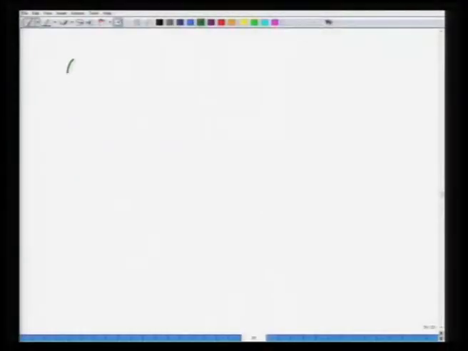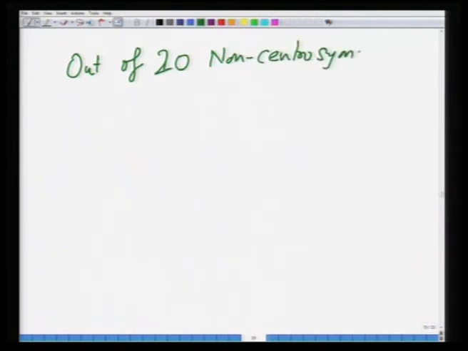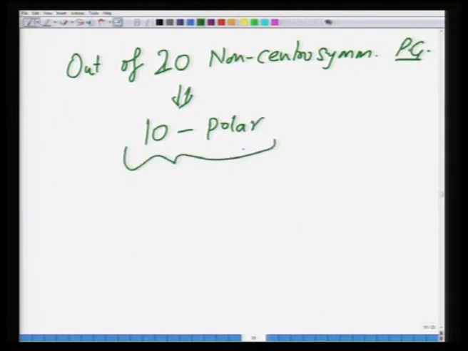Now, out of these 20 non-centrosymmetric point groups, you have 10 which are polar, and all of these 10 polar non-centrosymmetric point groups represent those materials which are called pyroelectric.